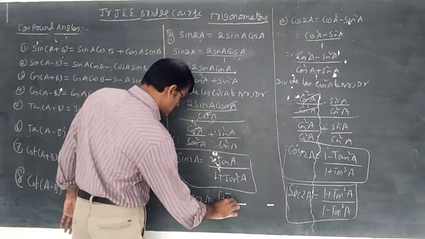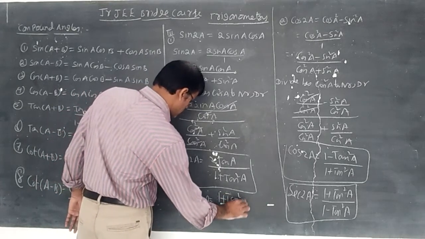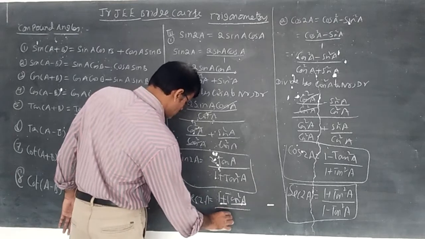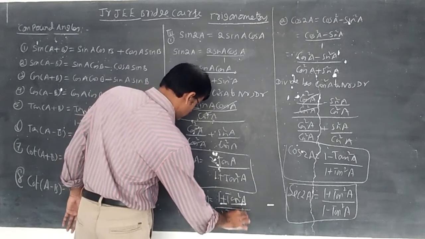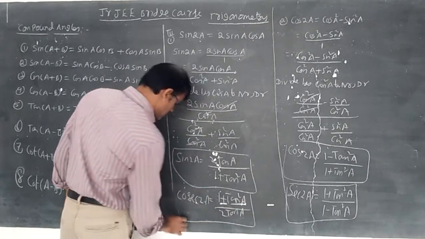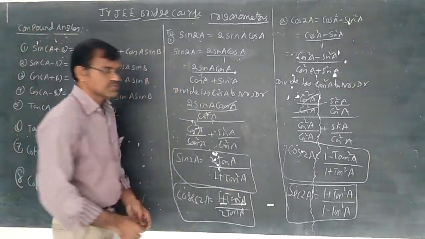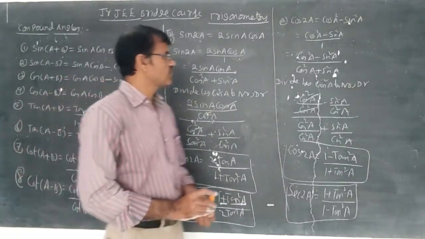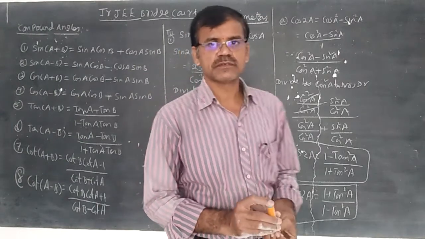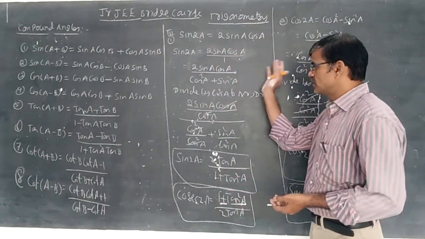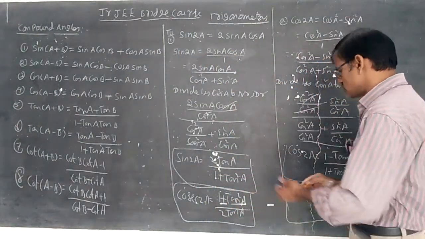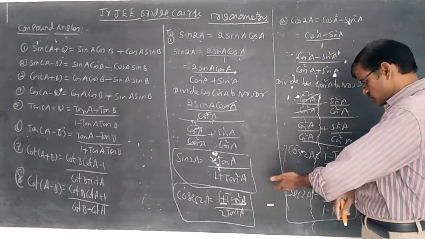Cosecant 2A is equal to 1 plus tan square A by 2 tan A. This is cosecant 2A. So the 2A formulas we got in terms of tan for sin, cos, tan and cosec, sec.